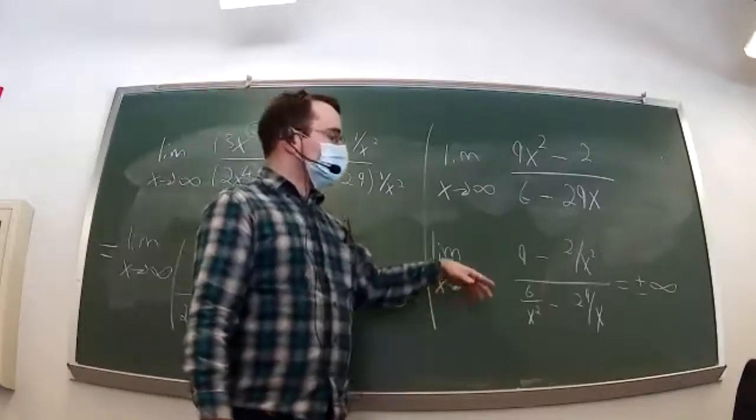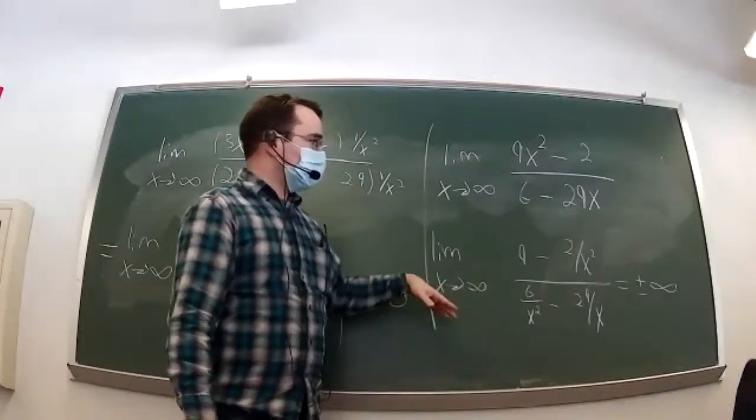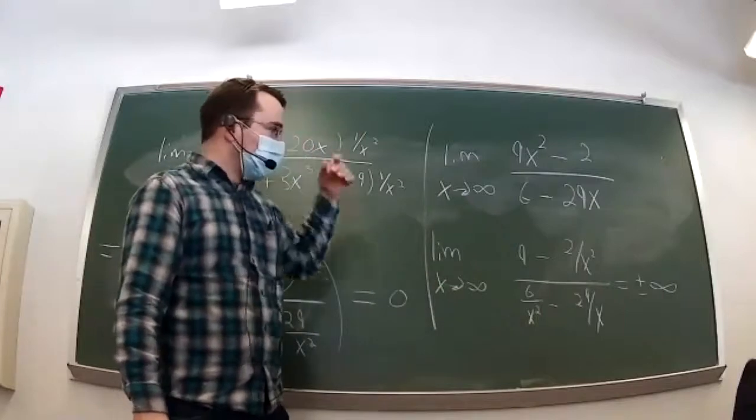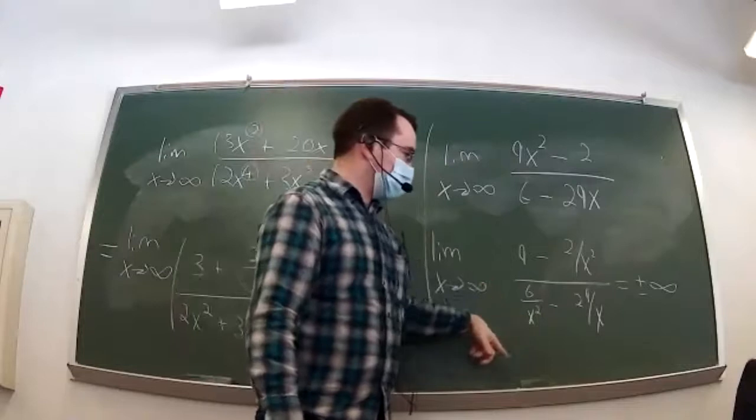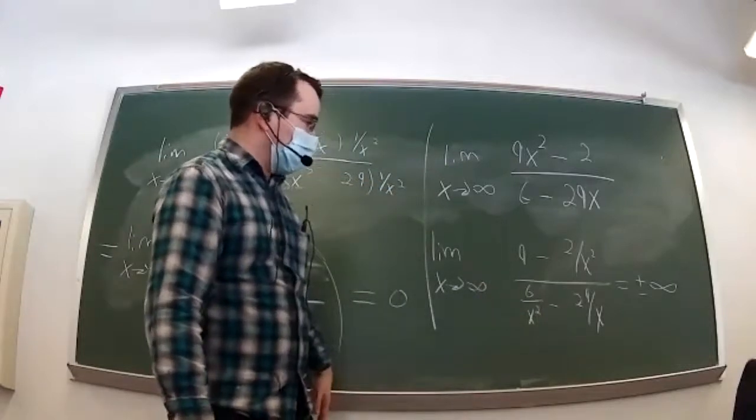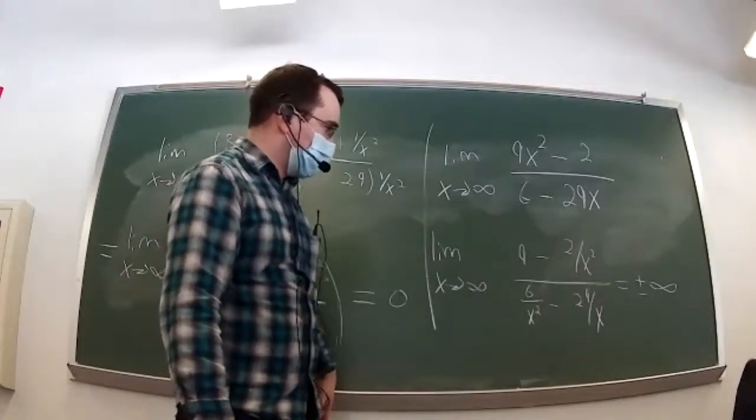And whether this goes to plus infinity or minus infinity depends upon whether you're taking a right or a left-hand limit. This 6 over x squared will always be positive.